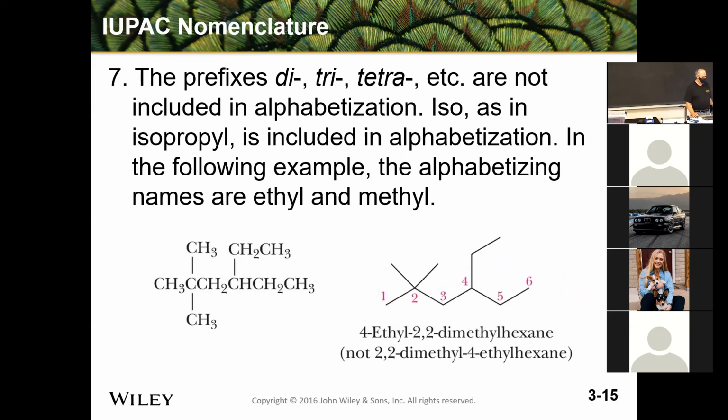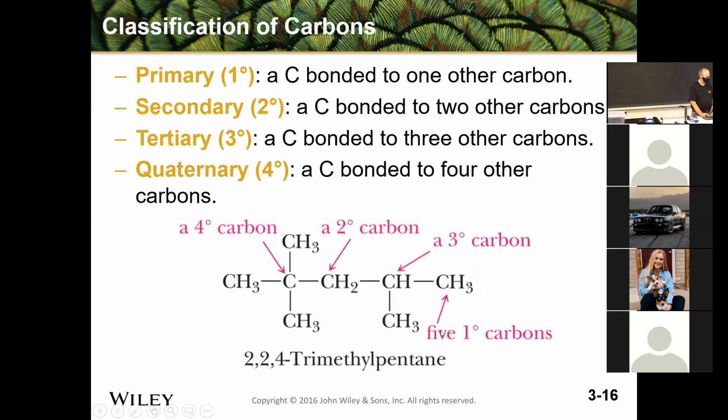And if a substituent occurs more than once, such as in this example, 4-ethyl-2,2-dimethylhexane, we use a multiplier prefix for 2 methyls, and then every substituent gets a number, even the same substituent on the same carbon.